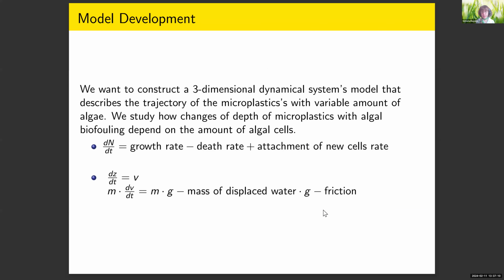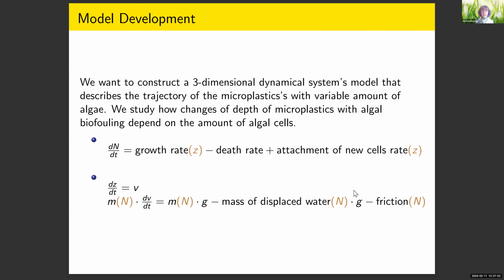And since we are mathematicians, let's write down some formulas. So dN/dt will be, as always, growth rate minus death rate plus attachment of new cells. And the motion equations, it's the equation of velocity, and the second law of Newton, so the mass of this aggregate times acceleration is the mass times the gravitational constant minus the mass of the displaced water times the gravitational constant minus some friction.